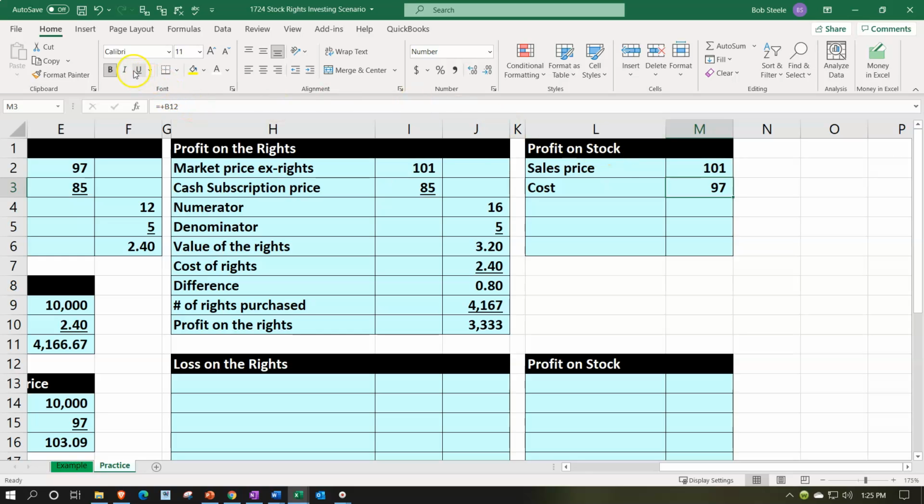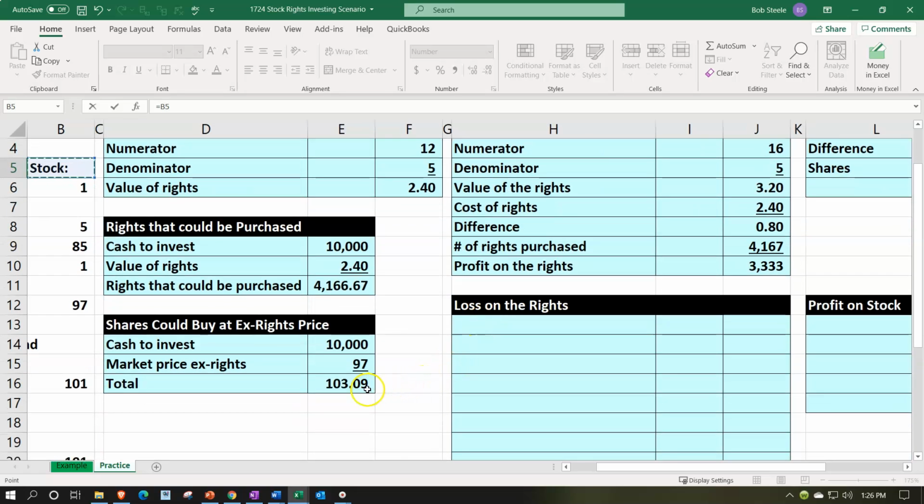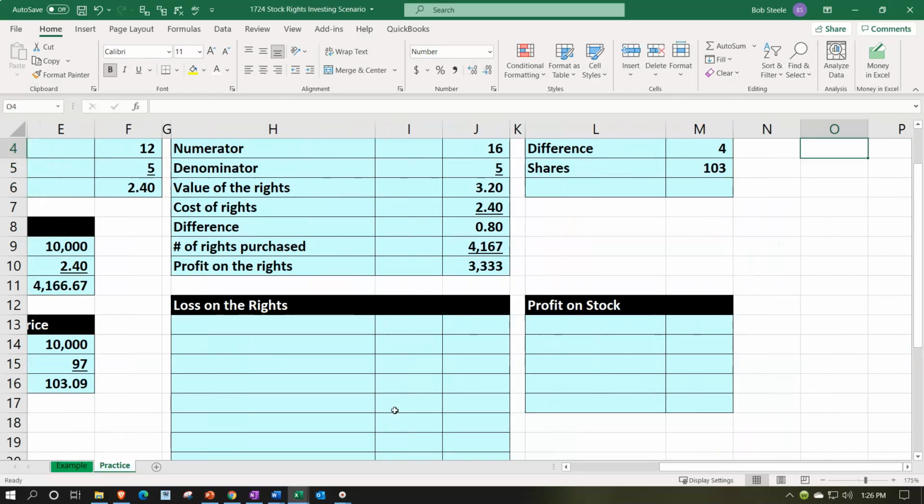Going to the font group and underline, we then have a difference equal to the 101 minus the 97, or 4. So we got the $4 difference, and then we have the number of shares, which is equal to the shares that we could have purchased, which we calculated to be about, and again, take into consideration rounding, 103, about.